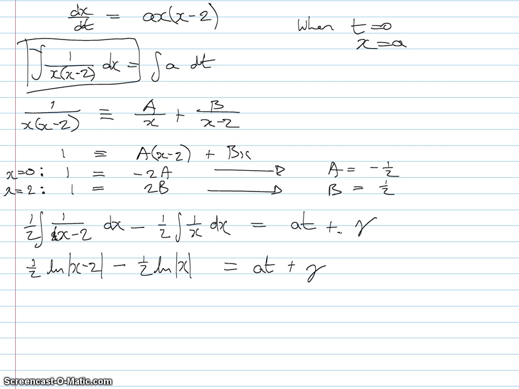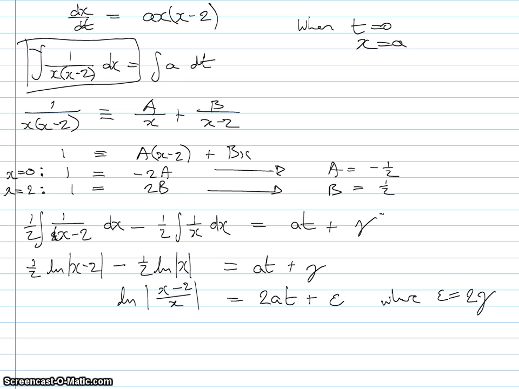I can of course simplify this a little bit. Multiply everything through by 2 and join these together, so I get on the left-hand side 2at plus epsilon now, where epsilon, don't get too worried, these are just constants, I could have used anything to represent this. And then I combine the two logarithms, I get ln((x - 2)/x).